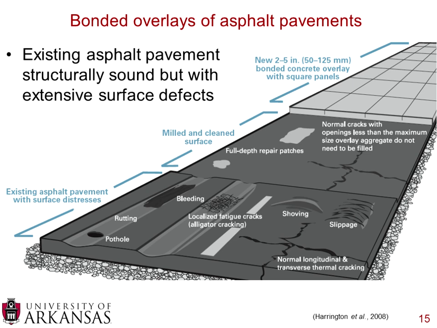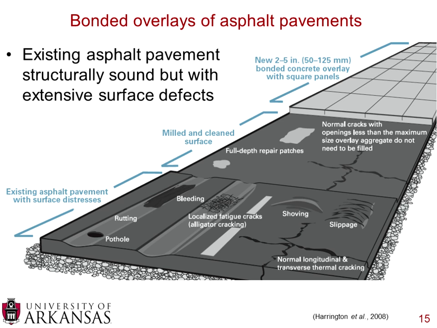It does not go down to the subgrade or subbase. You can have some potholes and bleeding, localized fatigue cracks or alligator cracking, some shoving, slippage, and then some normal longitudinal and transverse thermal cracking. So again, all of these distresses are happening in the surface of the pavement, and there's nothing structurally deficient about your pavement. How did they choose to take care of some of these issues?